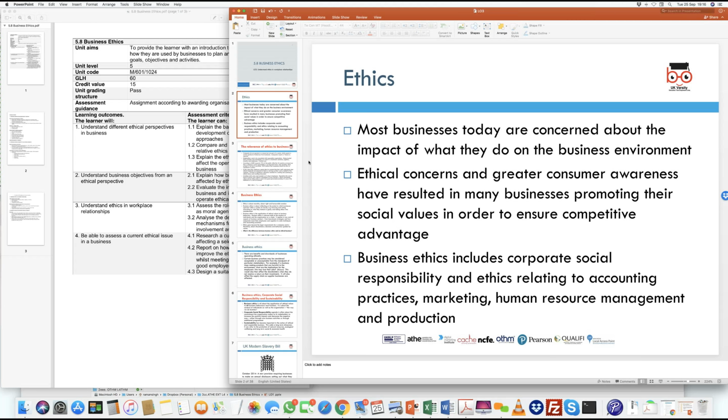One of the other things is, when we talk about ethics, what does it include? The meaning of ethics could be different for different stakeholders, as I mentioned. When we look at business ethics, to an external stakeholder it will be what is the CSR, or corporate social responsibility, of the business. From a financial point of view, it might be the accounting practices the company has in order to pay its fair share of taxes.